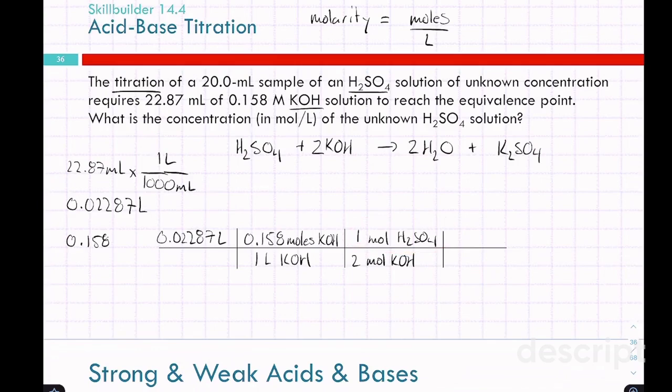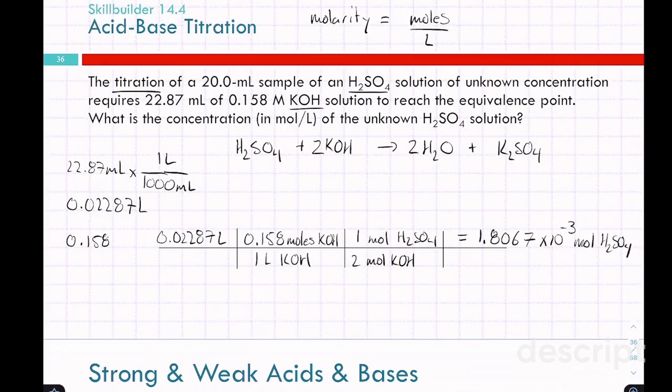We don't have to go that extra step. So 0.02287 times 0.158 divided by 2 equals 1.8067 times 10 to the negative 3 moles of H2SO4.